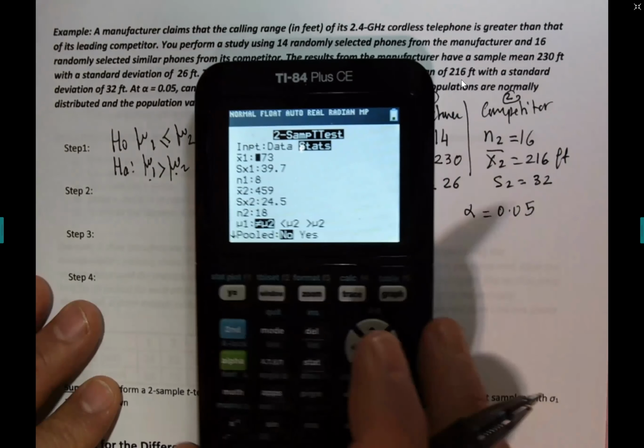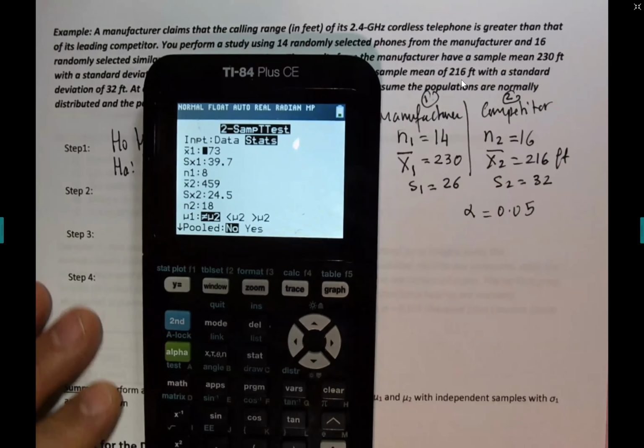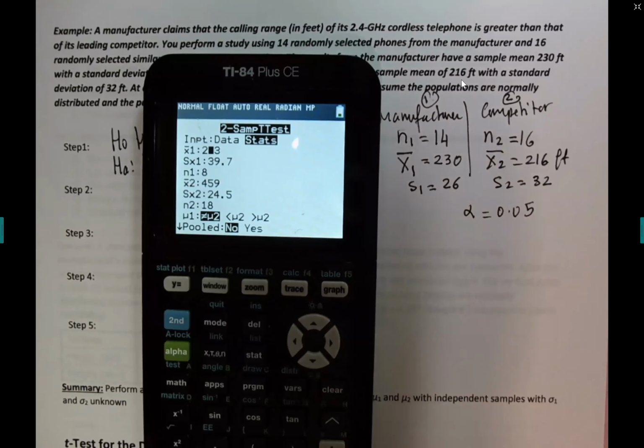So X1 bar, guys, it's 230. S1 is 26. N1 is 14. X2 bar is 216. S2 is 32. N2 is 16.